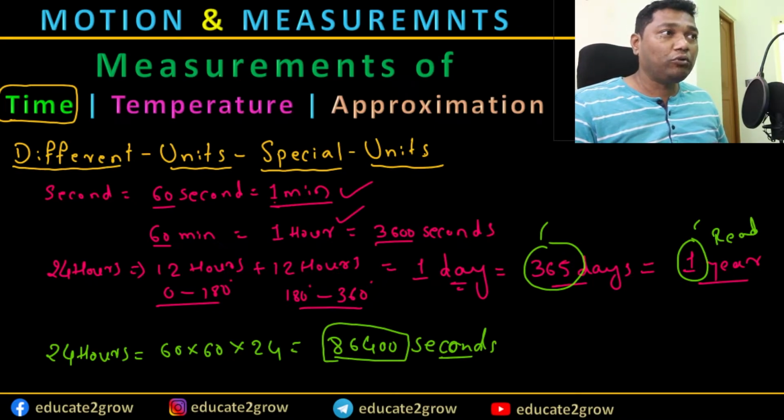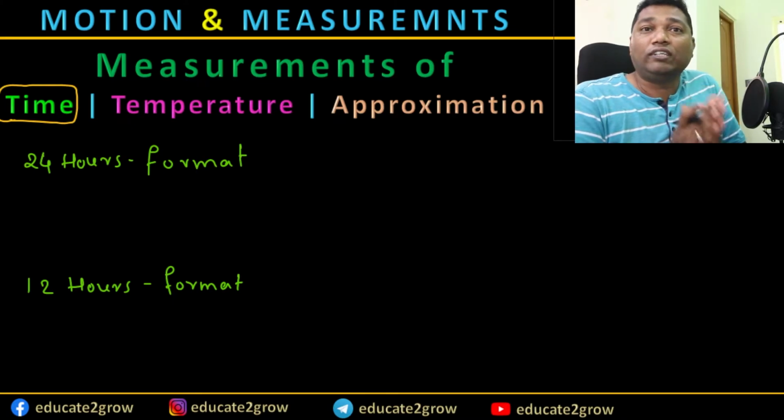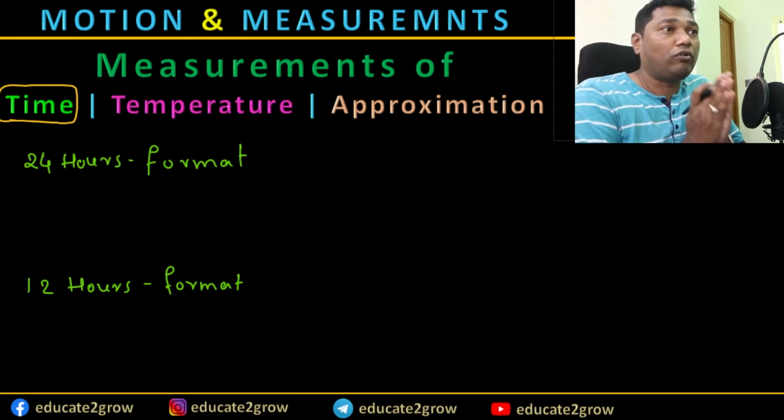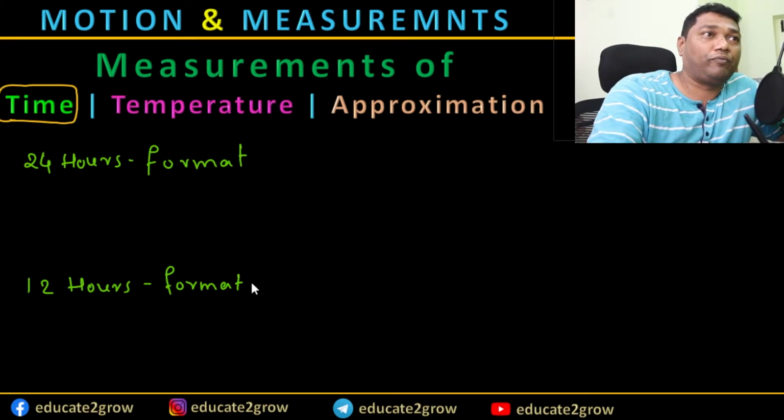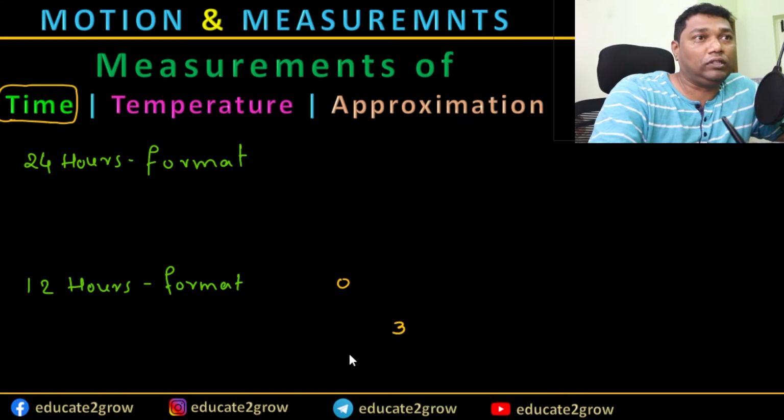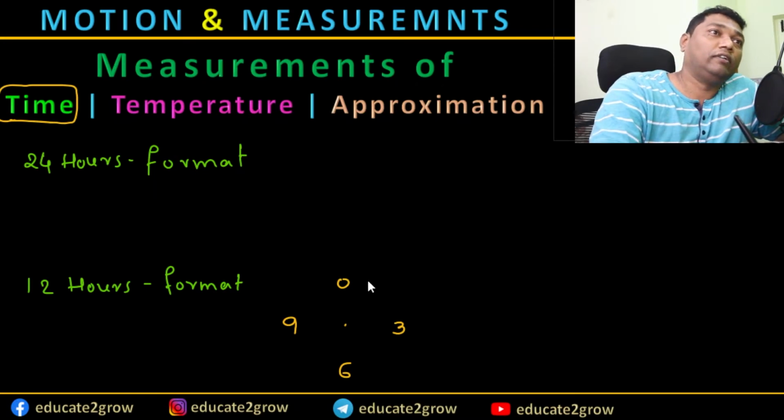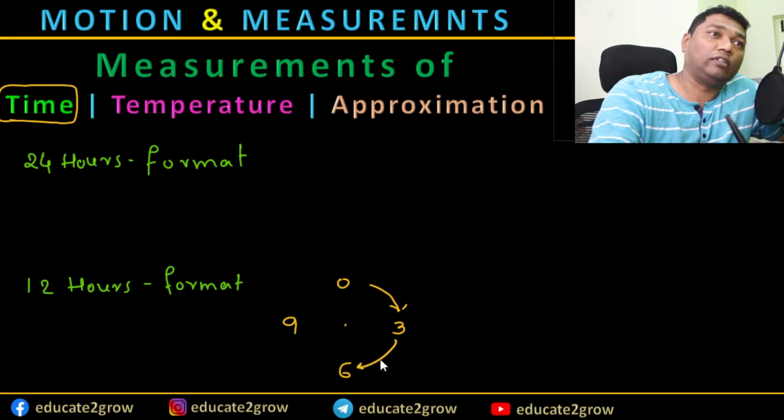Let me explain what the 24 hours timeline is and what the 12 hours timeline is. In the 12 hours time, here 0, 3, 6 and 9. This 0 to 3, 0 to 6 is early morning, then morning, and this is 12.